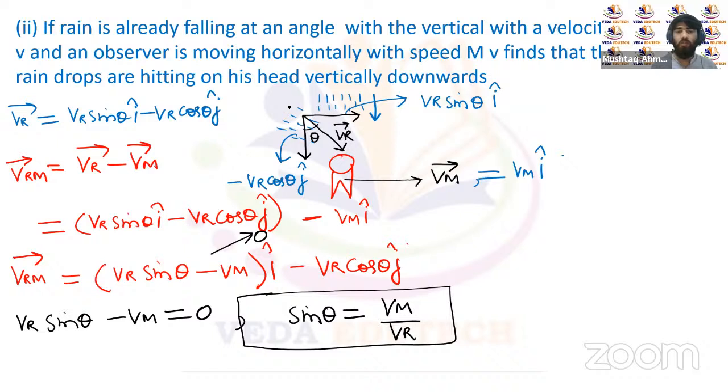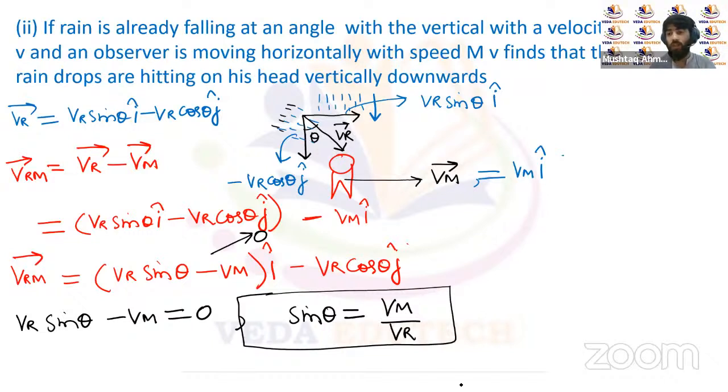With respect to the ground, the rain will be falling in this direction at an angle of theta, but with respect to the person moving horizontally with a speed of Vm, the rain appears to be falling vertically downwards. It means it has a zero horizontal component, so Vr sine theta minus Vm has to be equal to 0.